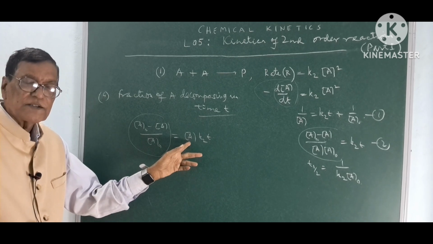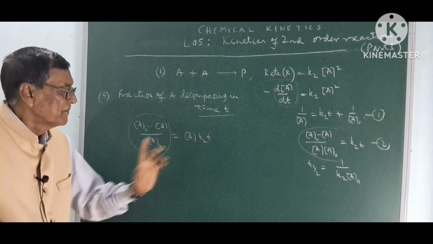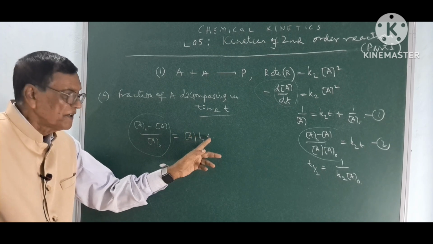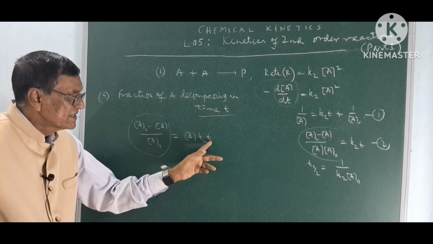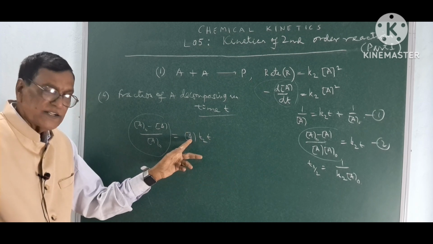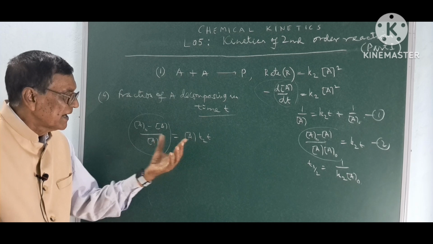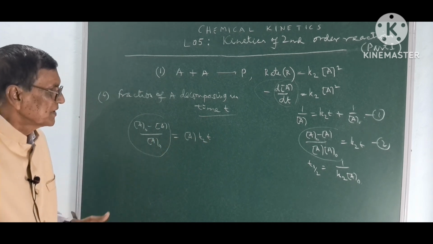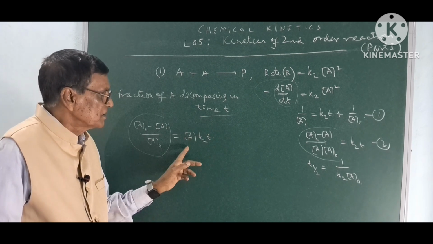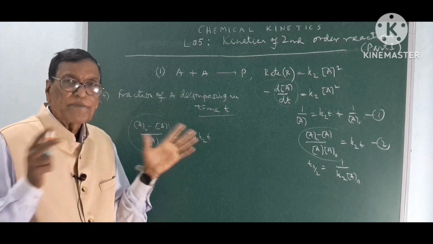A is the concentration of the reactant at time t. A is a variable, T is a variable. As T is increasing, A is decreasing. So we shall have to change the right hand side of this term into one variable.